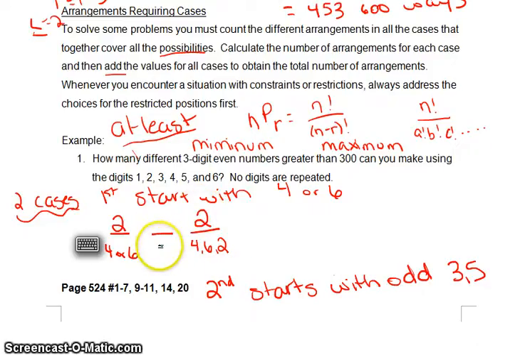Then what is left for our middle number? There are 6 numbers in total, you used up 2, so there are 4 left, and we can pick any of those. So that's 2 times 4 times 2, which is 2 times 4 is 8, times 2 is 16.